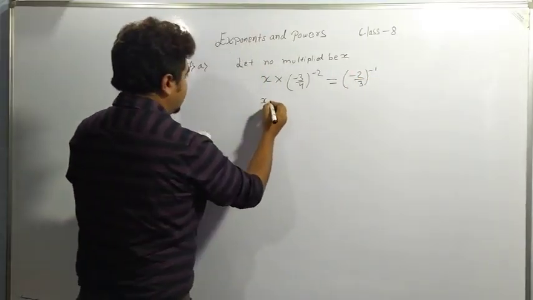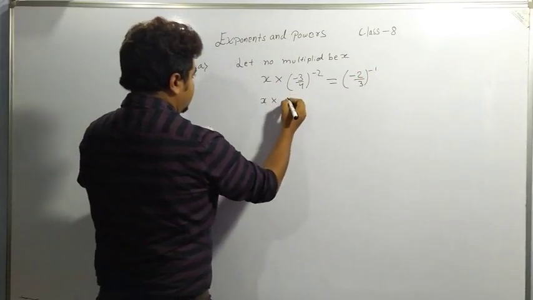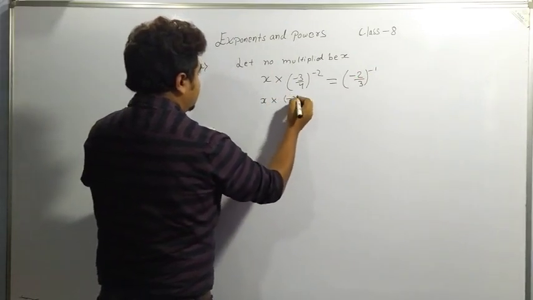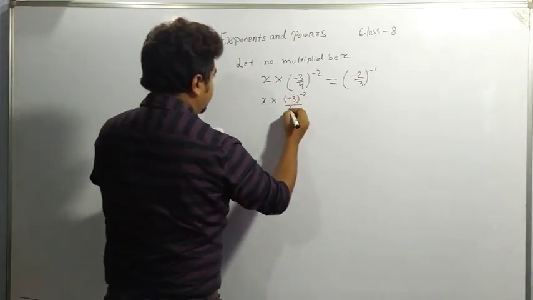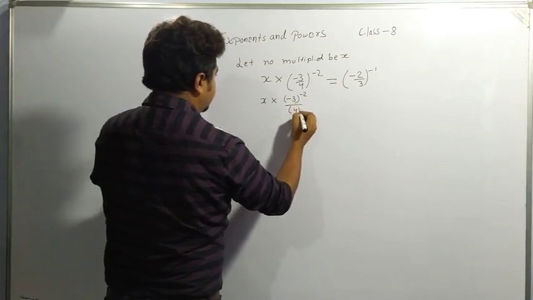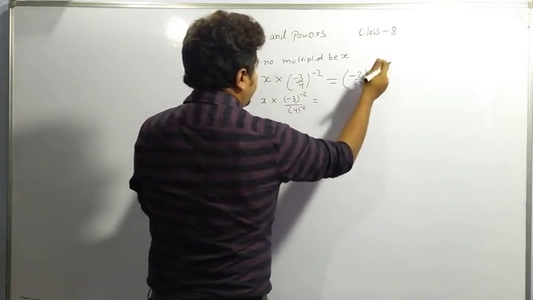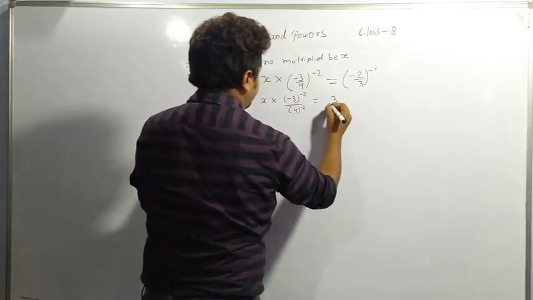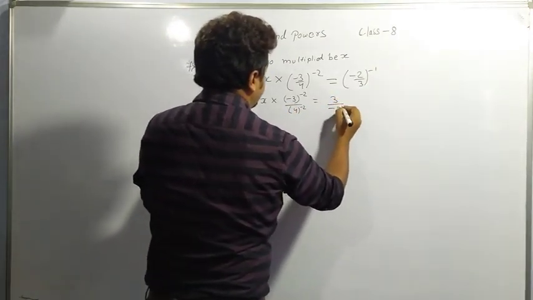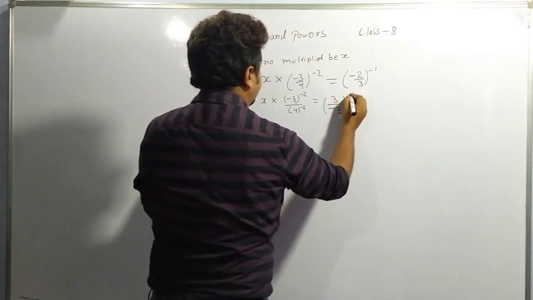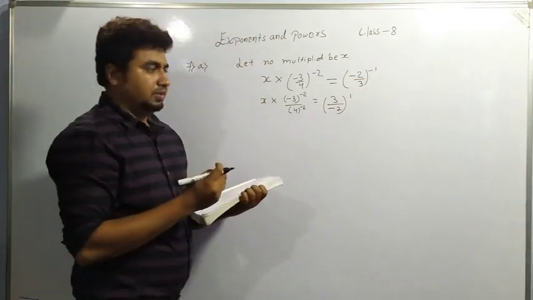So we can write it as x. This is minus 3 to power minus 2 by 4 to power minus 2. And this we can directly reverse, 3 by minus 2 to power 1. Reciprocate it.